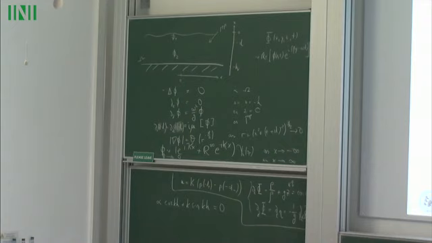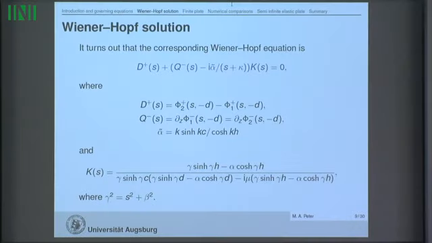I'm not going to go through all the algebra, but reasonably quickly you find that the system of equations turns into this thing here, where you have what we typically refer to as the kernel function, the k, and then the unknowns are this d plus, which is the jump in the potential on the positive side, and the q minus, which is the jump in velocity on the negative side.